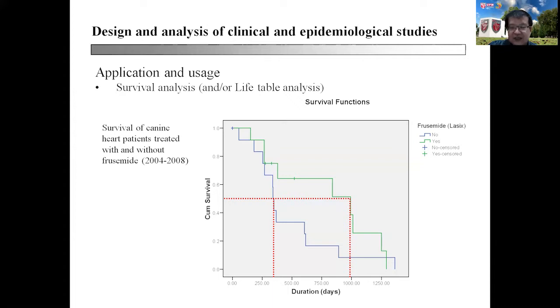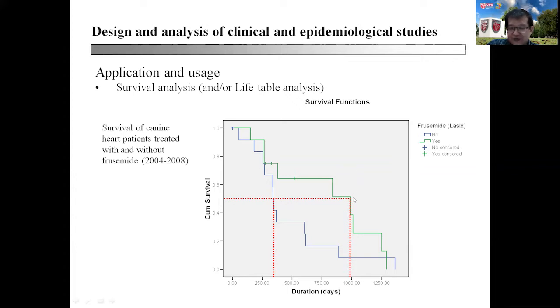As you can see here, this survival function allows us to measure the median survival time, that means the point at which the proportion of the population that still survives is 50%. In this case, 50% of the population survive until somewhere around day 300, even if they are not treated with furosemide.